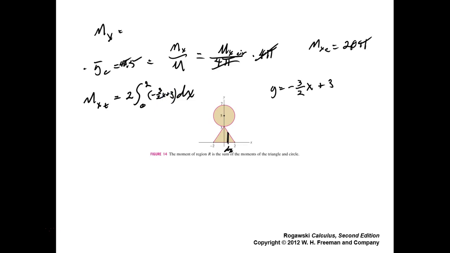Now, what you've got right there is your mass, right? Isn't it? But we didn't. Ooh, wait. No. That is the mass right there. That's not the moment with respect to the x-axis, right?